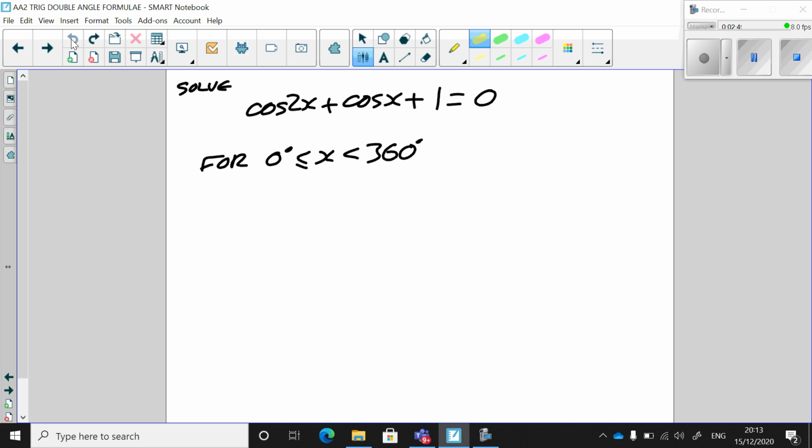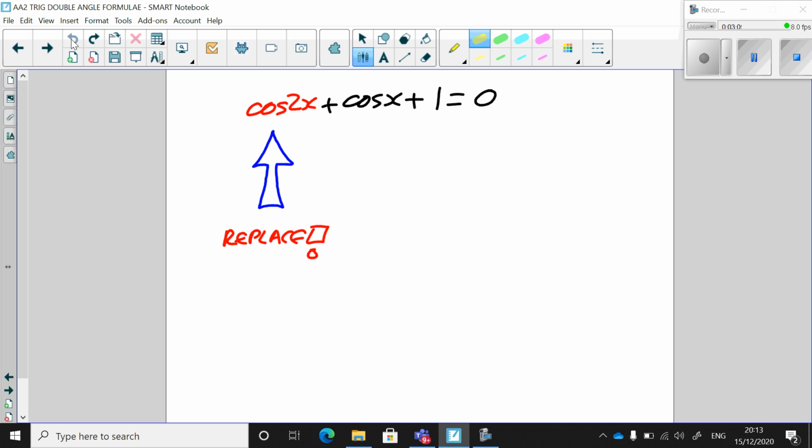Right, okay, here we go. Let's solve this one, between 0 and 360, not inclusive of 360. You know it's cos 2x you're going to get rid of here. It all depends on the other thing, the single cos x. Because the other thing has cos x in it, we need the replacement where just cosine x is involved. You might have squares, twos, ones and minuses, it doesn't matter.